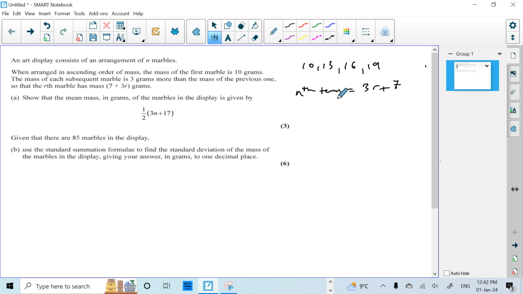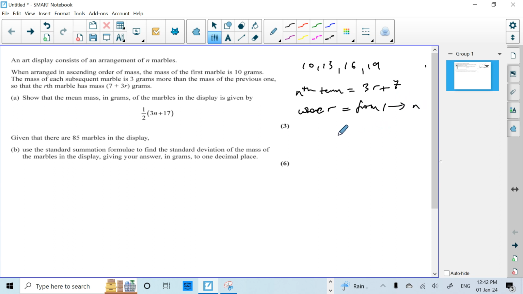And this is all where r ranges from 1 to n.